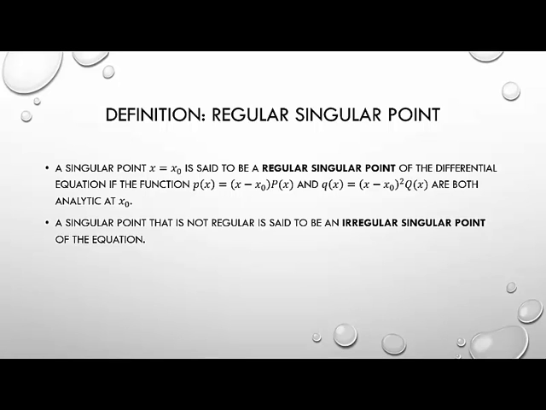If we take our function capital P from the differential equation multiplied by x minus x naught, and call that little p of x, and also define q of x similarly, but this time with x minus x naught squared multiplied with a Q of x function, if both little p and little q are analytic at x naught, then x naught is said to be a regular singular point.